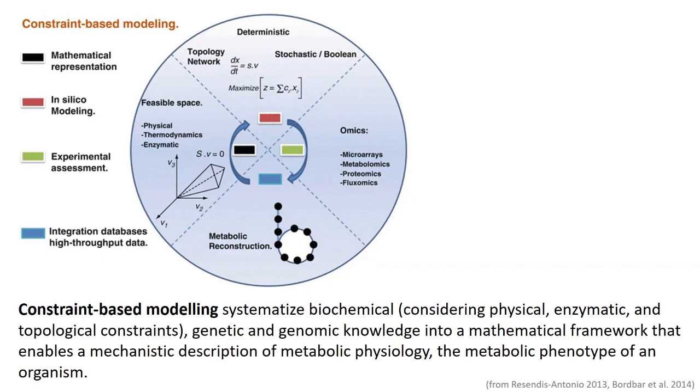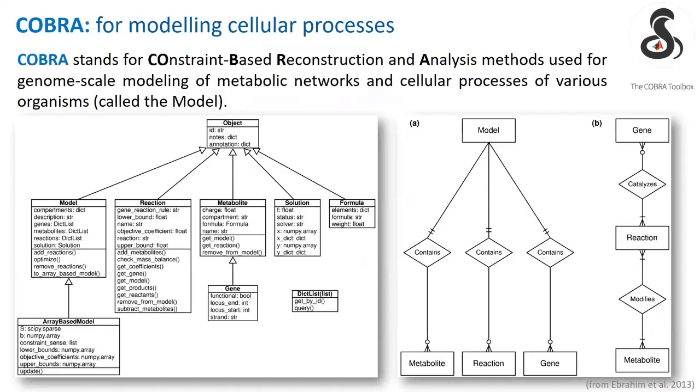And then we come to constraint-based modeling, which was discussed in the morning sessions. In particular, we will use the Cobra toolbox, in which you have an object that is filled up with a model. The model is the organism, the species that has the genes, metabolites and reactions that happen in its core metabolism.